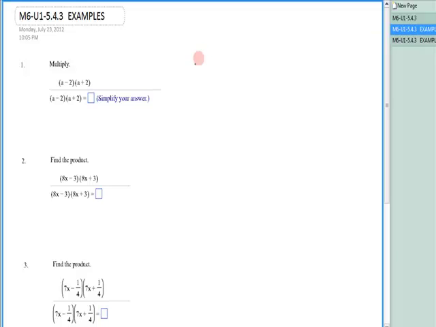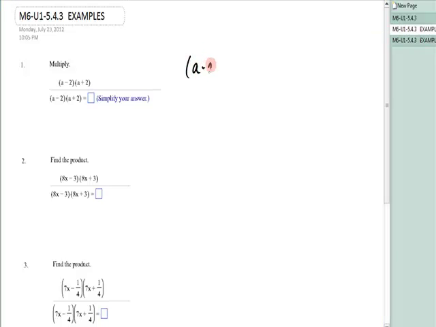All right, the first problem is a minus 2 times a plus 2. It is a sum and difference, so when I multiply, I have a squared. I don't have to worry about outers and inners. A negative 2 times a positive 2 gives me minus 4. You always get square of the first minus square of the second.